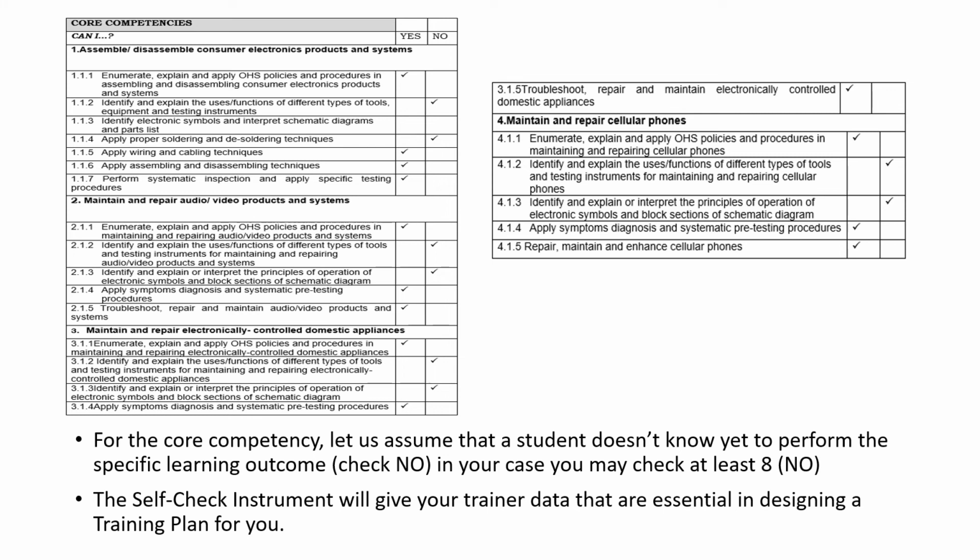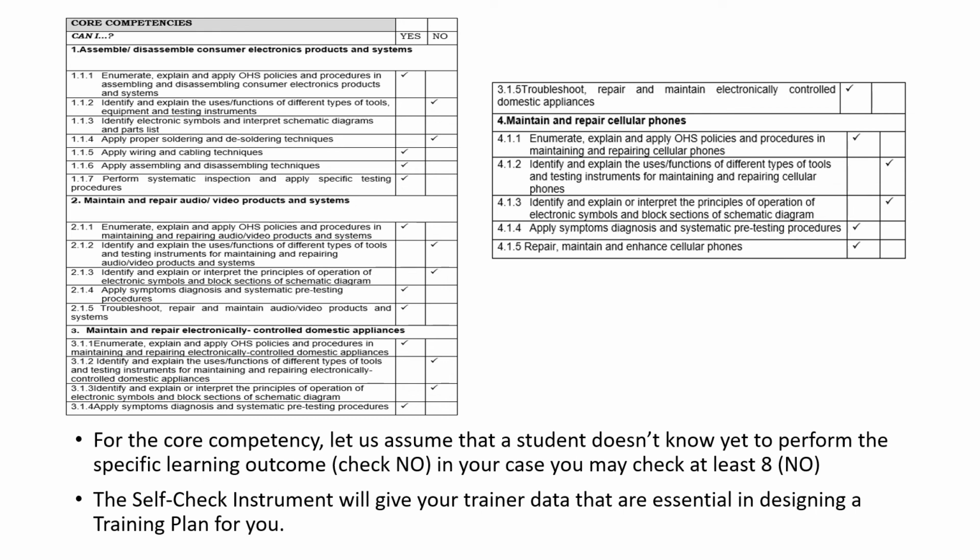So ulitin ko, lahat po ng mga units of competencies and learning outcomes for the basic and common competencies, you will just check all yes. But for the core competency, please choose at least 8. Kayo na po mismo pipili diyan. So you will just choose 8. It doesn't matter kung alin yan, kayo na po mismo, you will just check no ang 8, and the rest checkan po ninyo ng yes.